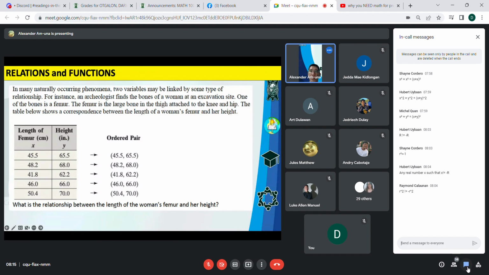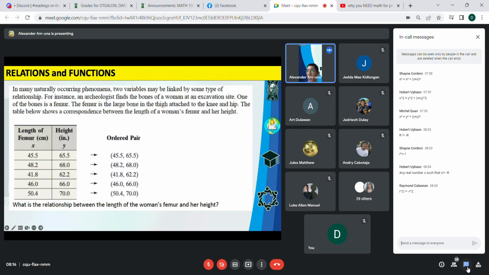Oh, this is in connection with our previous discussion, right? All about patterns. Can you see a certain pattern there? Okay, so which one is longer? Is it the femur or the height? So obviously it's the height.